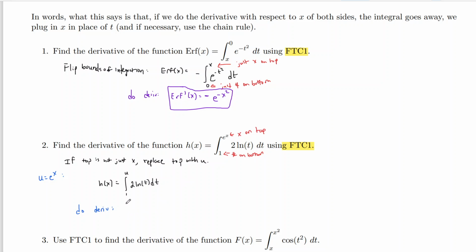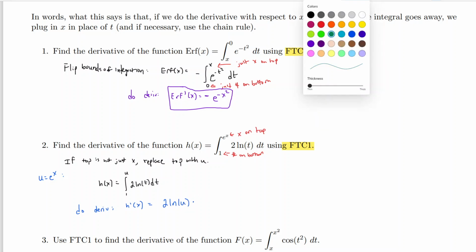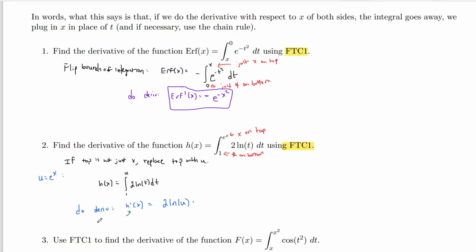So we would do the derivative, and we got h prime of x equals, and when we do the derivative and we do this plugging in, we get 2 times the natural log of u. But what's going on here when we're doing the derivative is we're doing the derivative with respect to x.